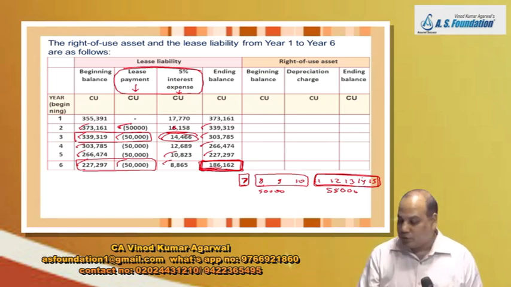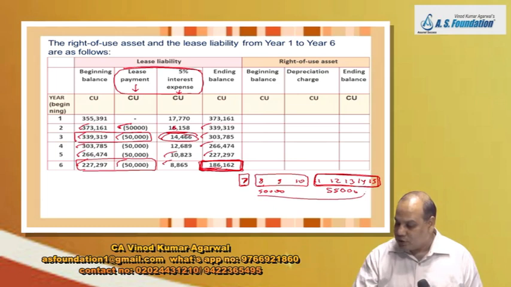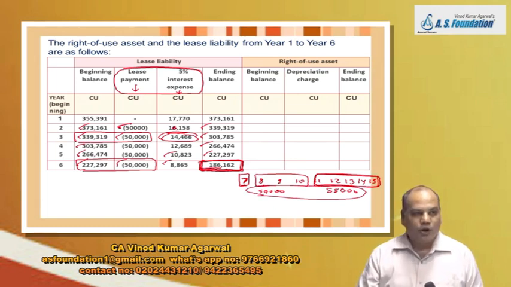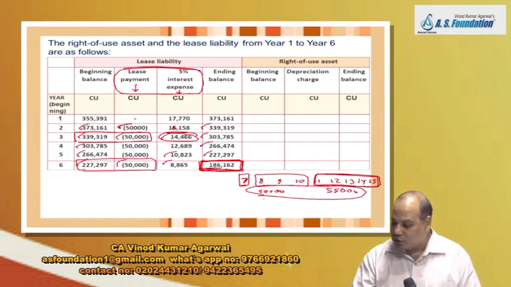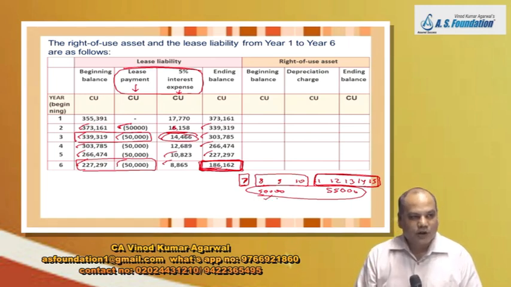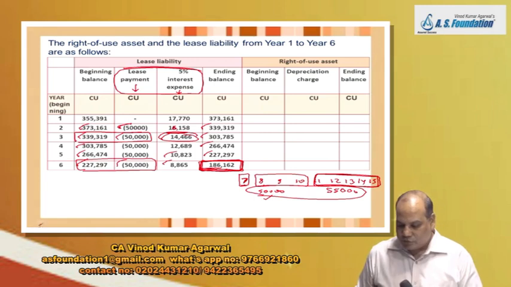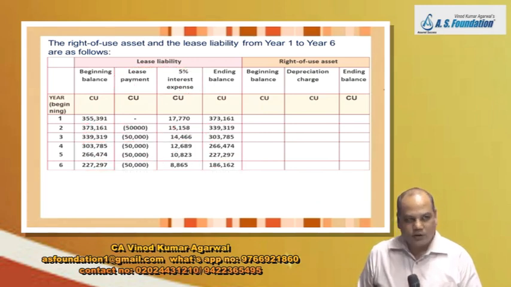Number 2, because I am changing the lease term, the economics of the lease has changed. So I will use a different discount rate also. Even for this 50,000, I will use a different discount rate. But before that, we will also learn the movement in right of use asset.